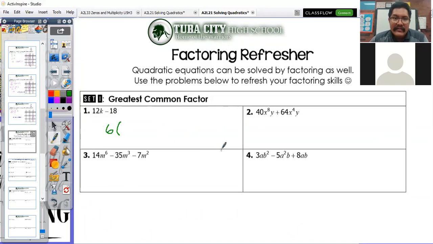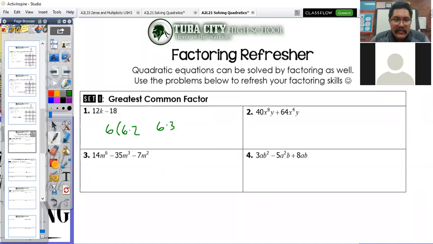Now I don't like to use the word dividing, because we are not dividing. Dividing means that you are splitting something into smaller groups. In this case, it behaves like dividing, but it's not dividing, because we're moving numbers around. So 12 is 6 times 2, and 18 is 6 times 3.